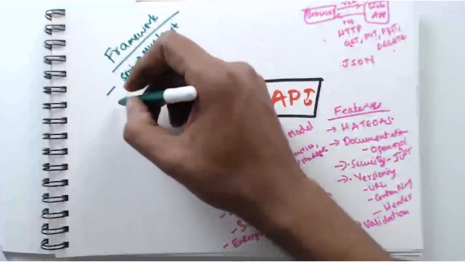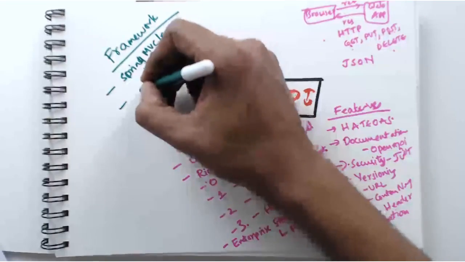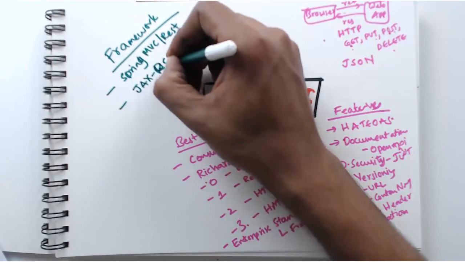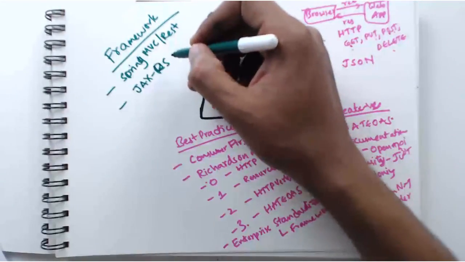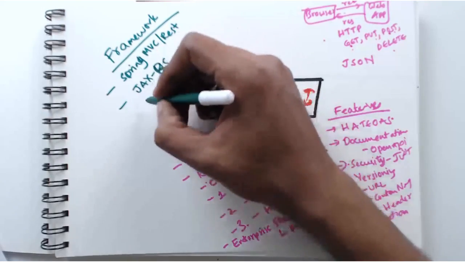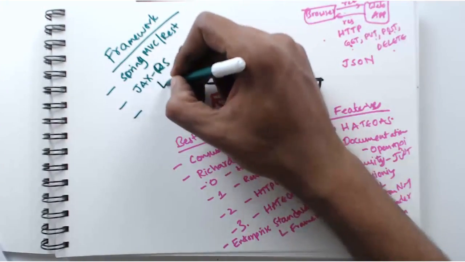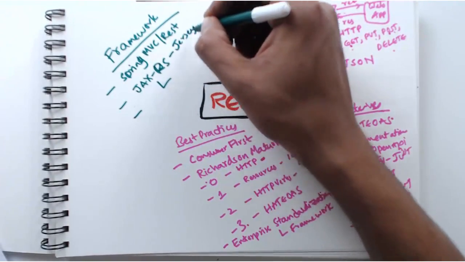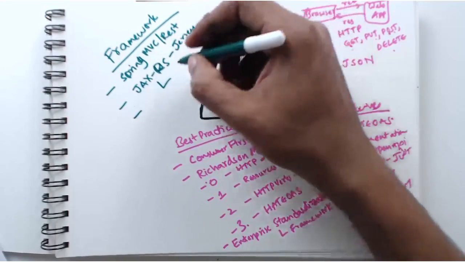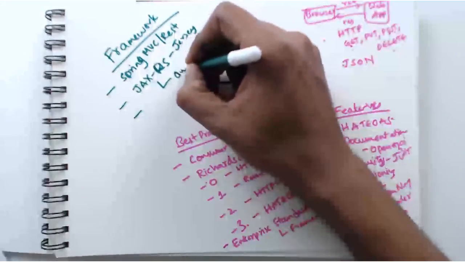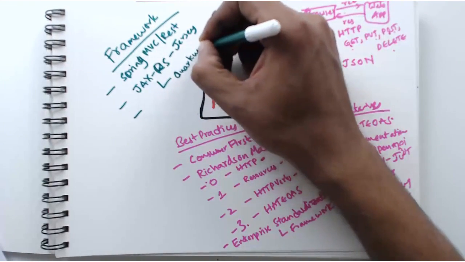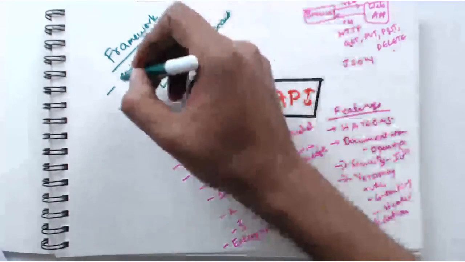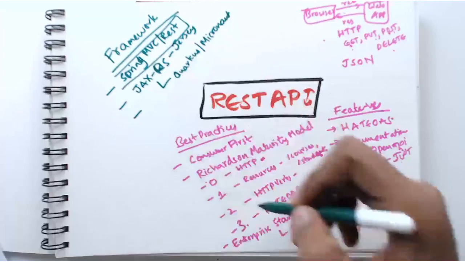The other option is JAX-RS, Java API for RESTful web services. You can also use one of the JAX-RS compliant frameworks; one of the popular implementations is Jersey. Or you can use modern microservice frameworks like Quarkus or Micronaut. What I would recommend is to start with Spring MVC and build a REST API.